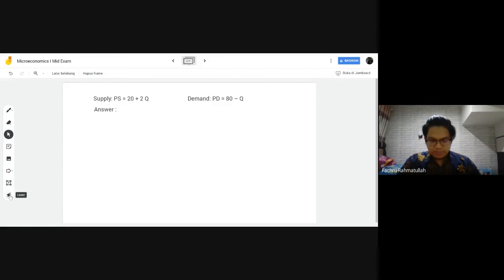Okay, let's move to the last question. We got the supply equation right here and the demand equation right here. So like before, just put the equations equal: PS equal to PD. So we can get the equilibrium point. Just do the equation like before.